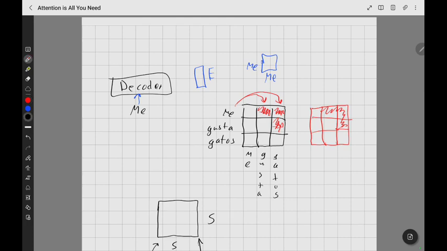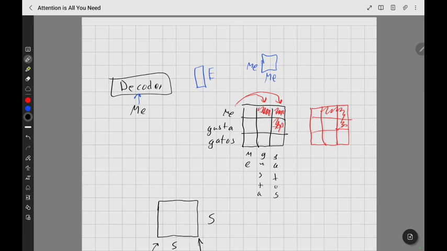You may ask, can't "me" look at the future here? It does not, because this is the representation of "me". "Gusta" can look at the representation of "me" and of "gusta". It only matters about the vectors going this way, not this way.